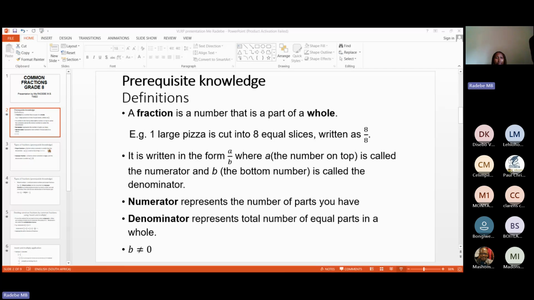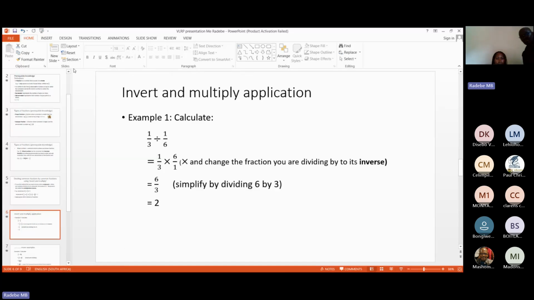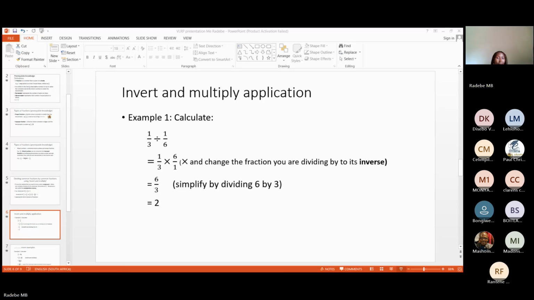Invert and multiply. Let's take example number 1 here. We've got 1/3 divided by 1/6. Now, if you work it out, the first thing that the learners must be able to do is change the division sign into a multiplication sign.